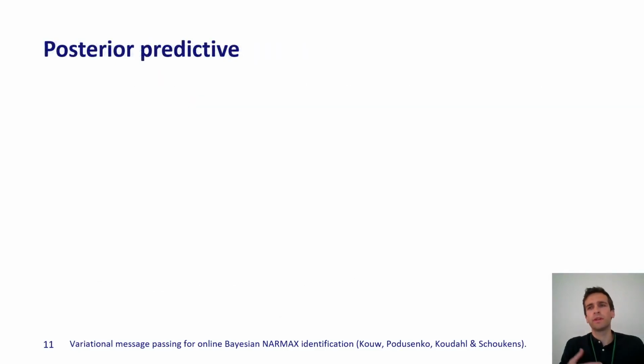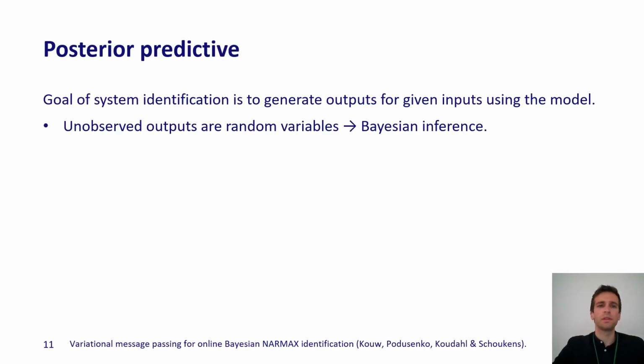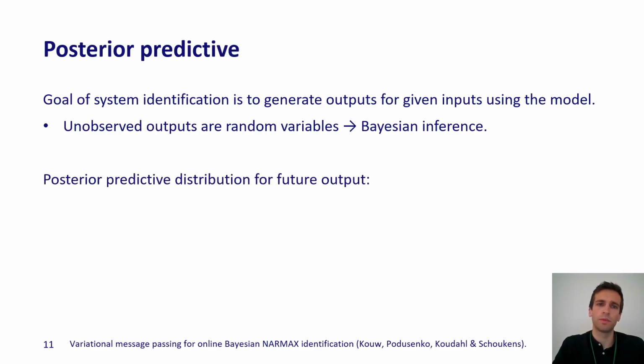So the whole point of system identification is that once we have all these parameters, we can put in some input and then we can simulate an output. This output is unobserved, which means that we can treat it as a random variable and use Bayesian inference to infer a probability distribution to characterize this future, unobserved output.